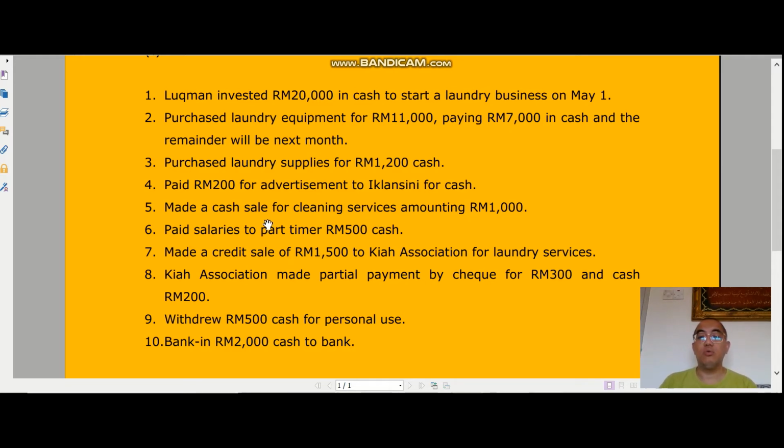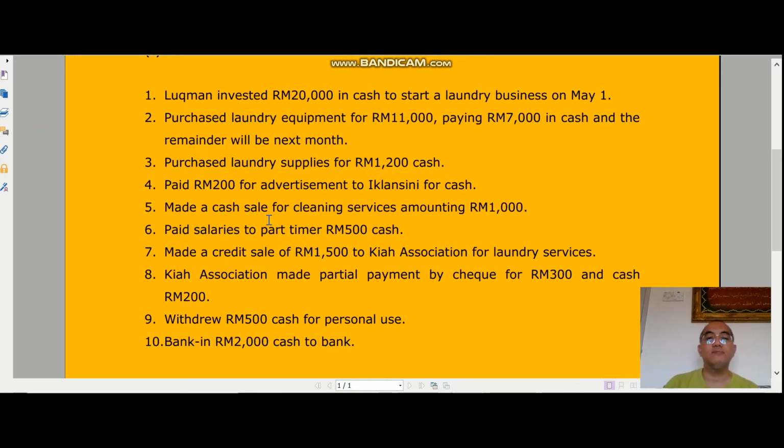So now you do sales. Sales is under revenue account. So the revenue account will increase and your cash is also increased. Number 6, you paid salary to part-timer 500 cash. Salaries is also your expenses. Before this, you don't have salaries in your expenses. Now you have. Now your expenses, salaries will increase by 500 and your cash will go down by 500.